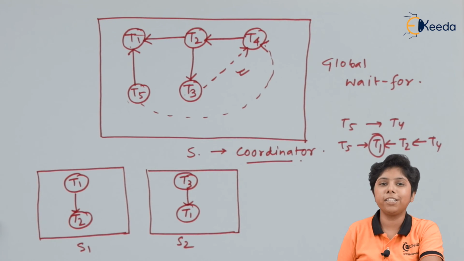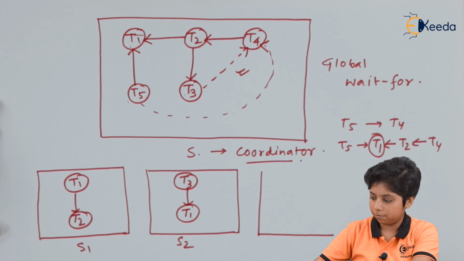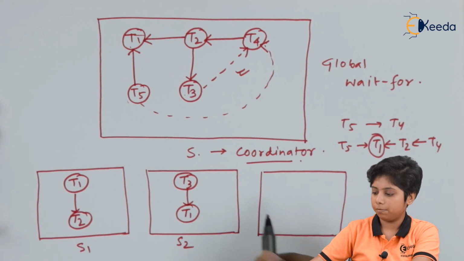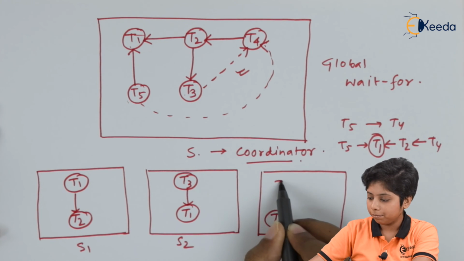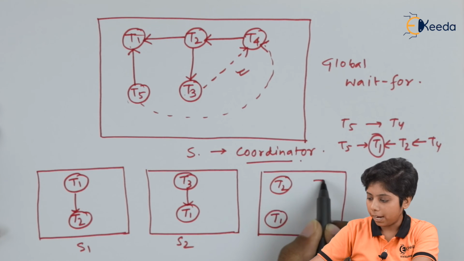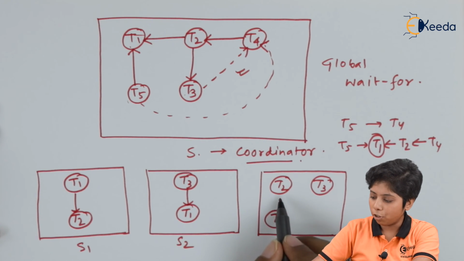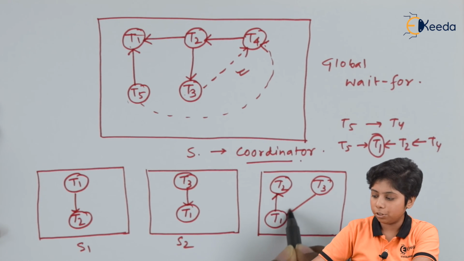Now how will the coordinator imply these false cycles? The coordinator will see T1, T2 and T3. So there is one from T1 to T2 and one from T3 to T1.